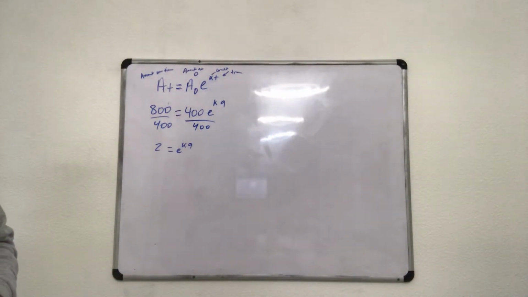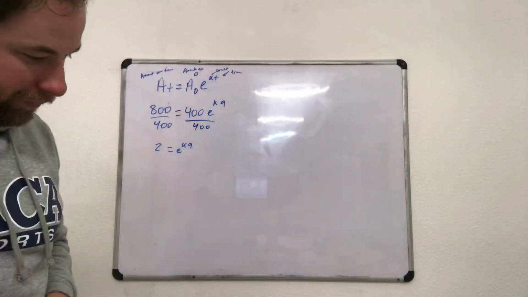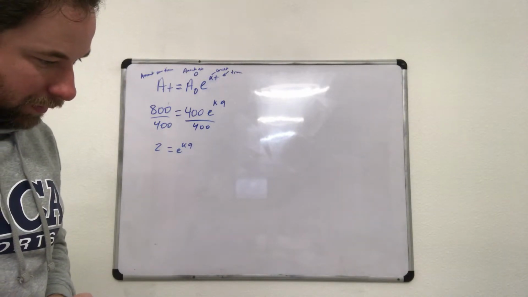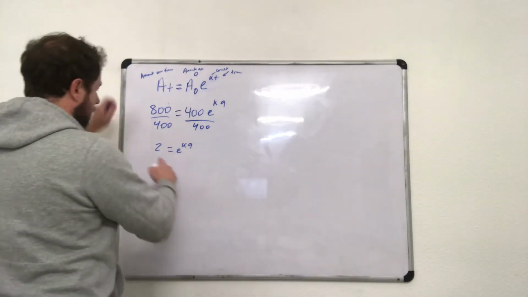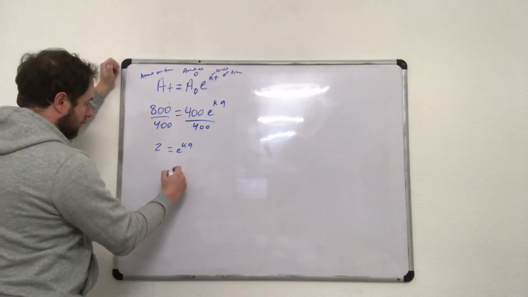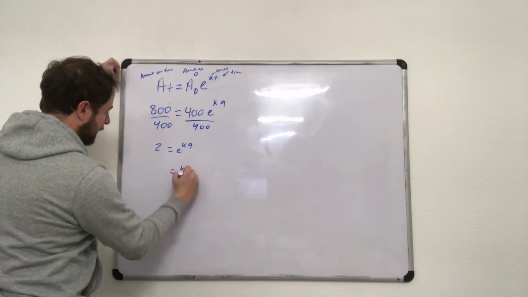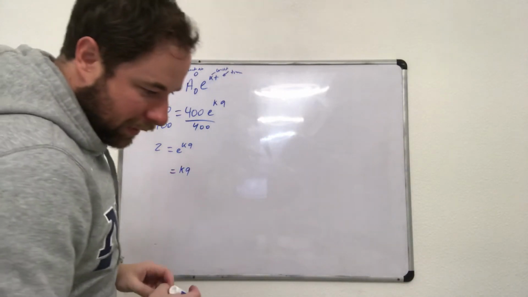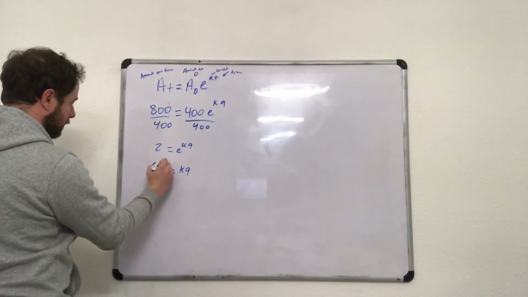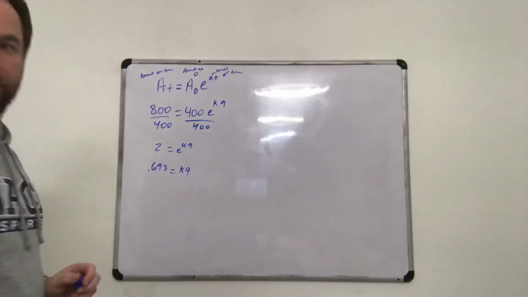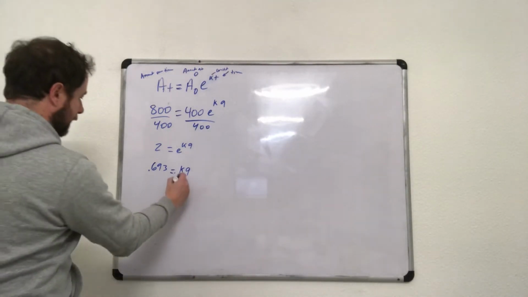We will take the natural log of both sides, and whenever we do that, the ln of 2, then we'll be left with just K times 9 over here. The ln of 2 is 0.693. Divide both sides by 9.